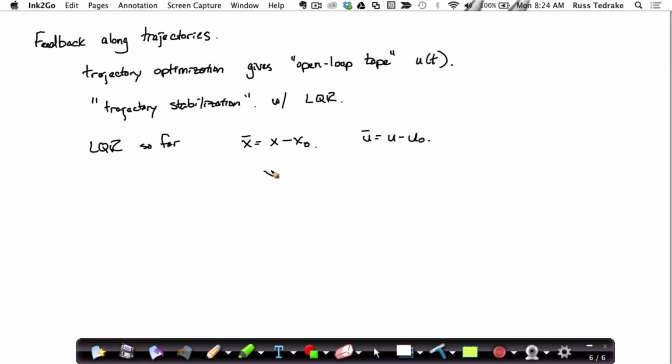And then we could write down the dynamics of our system with the Taylor expansion as a linear system in these new coordinates, the relative coordinates. And then we could solve the LQR problem to minimize over u some quadratic cost function. We did infinite horizon.